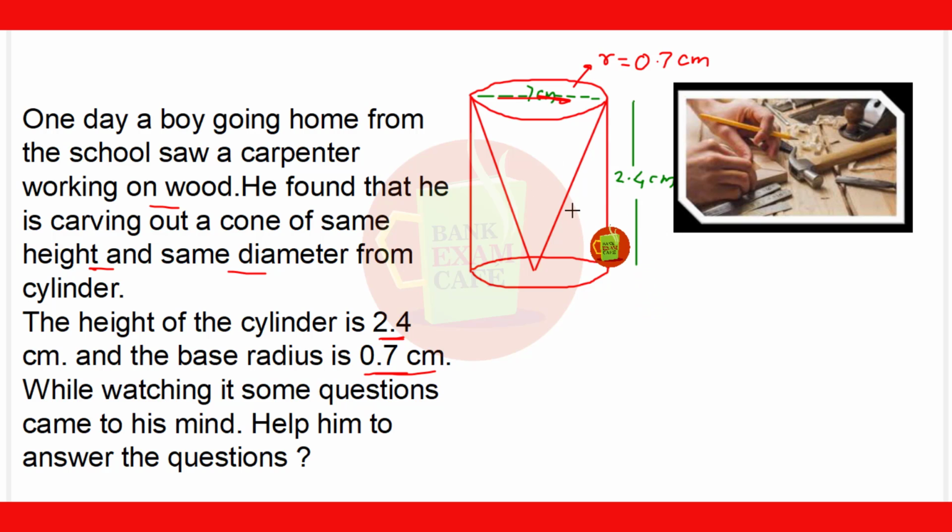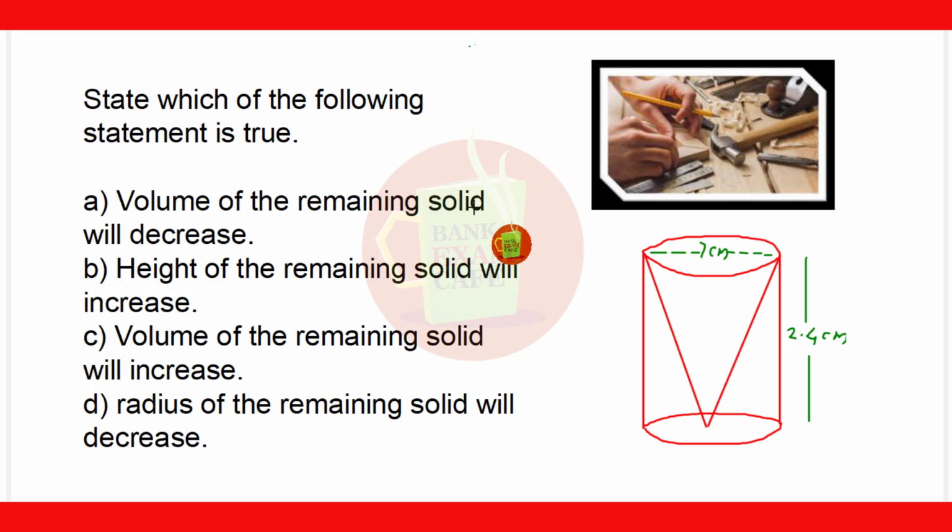While watching this, some questions came to his mind, and you have to help him to answer the questions. So let us see the first question. State which of the following statement is true.